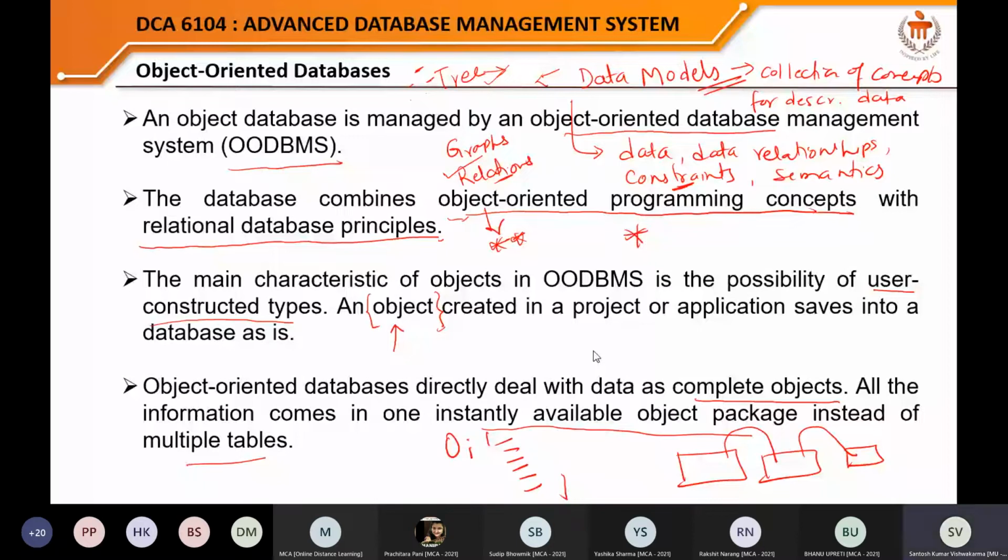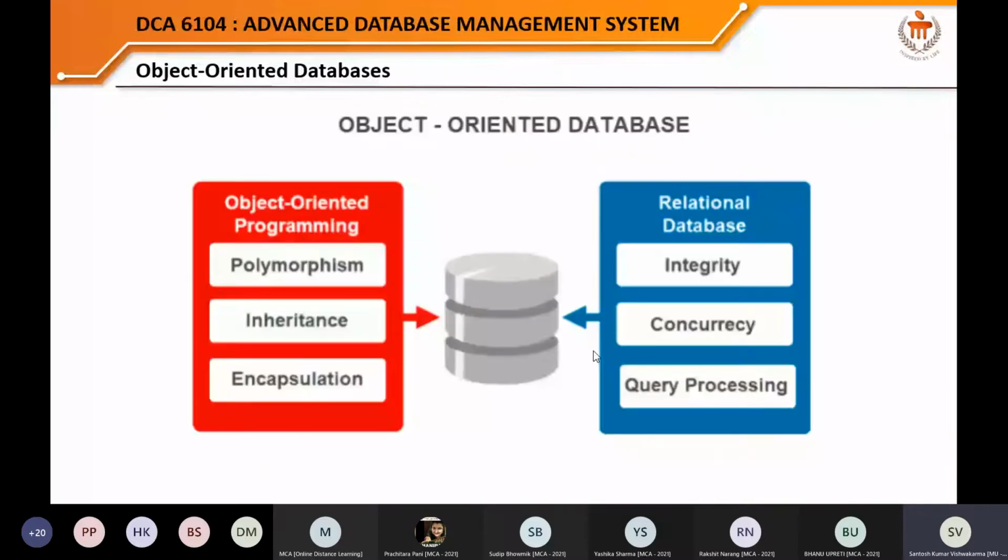Now let us see how we define object-oriented databases, or what the integral parts of object-oriented databases are. As you can see, this object-oriented database combines the features of object-oriented programming, and it also combines the features of relational databases.